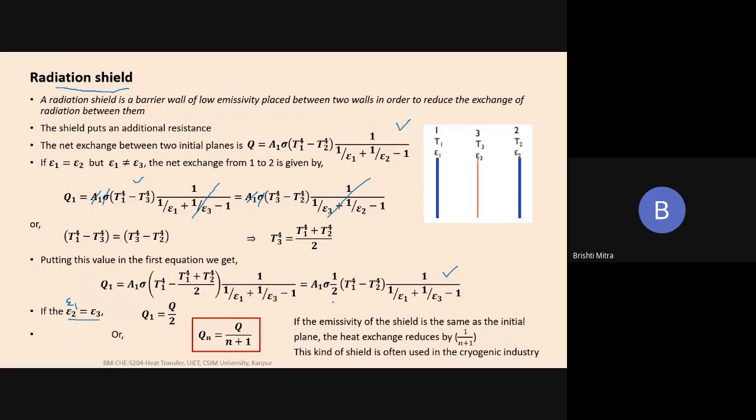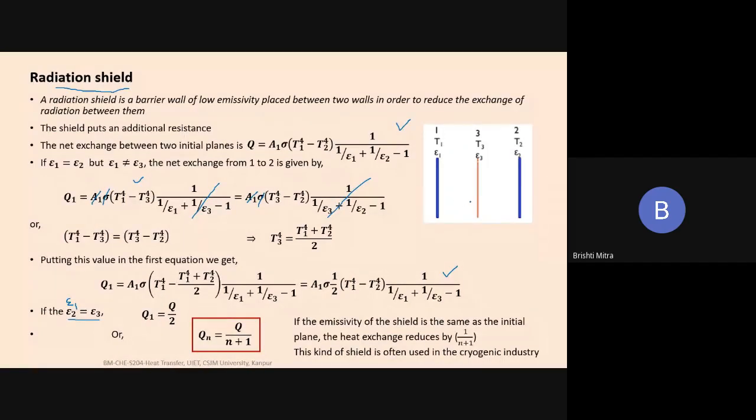And look at this term: A1 sigma (T1 to the power 4 minus T2 to the power 4) divided by 2 plus 1 divided by 1 plus epsilon 1 plus 1 plus epsilon 2, because I said epsilon 3 and epsilon 2 are the same, minus 1. So if I compare the two of them, I can write that Q1 is equal to Q by 2.